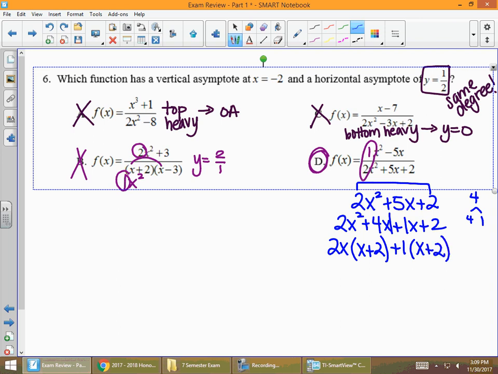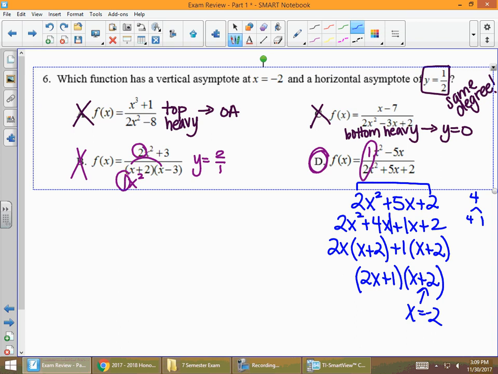And you can see that asymptote pop up in your factoring there. We're going to have another asymptote, but it doesn't say that it only has one vertical asymptote. One of our vertical asymptotes is at x equals -2 for this function, and so this satisfies the description for number 6.